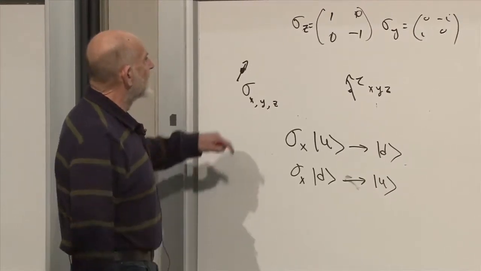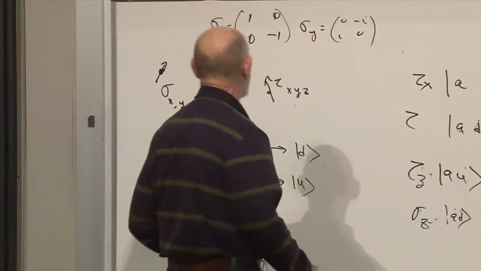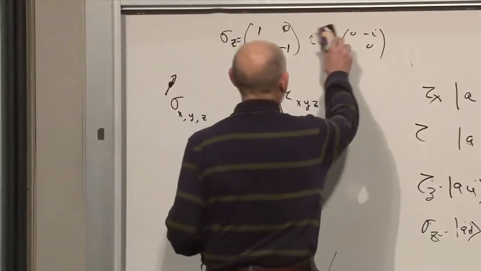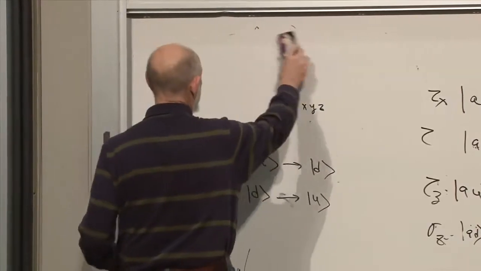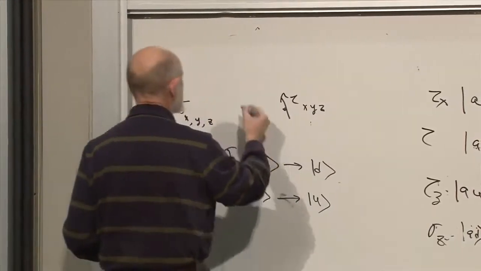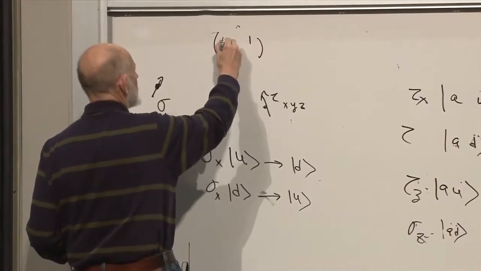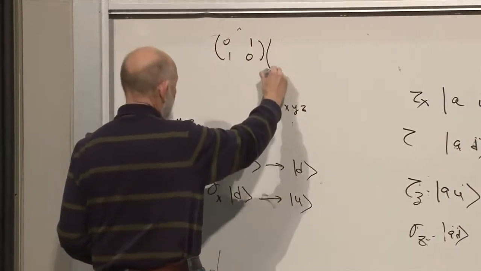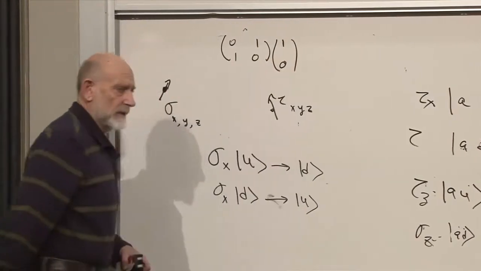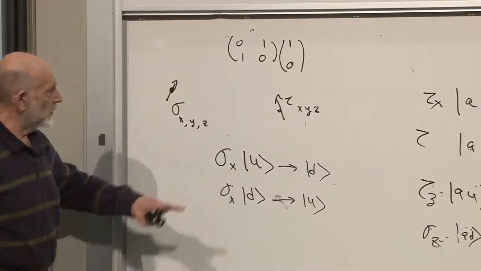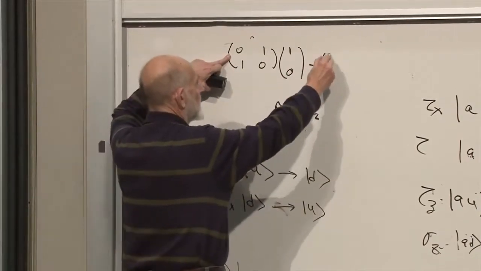No. Sigma x. Expand the up in terms of the eigenstates of sigma x, right? Well, let's just do it by matrices. Sigma x is (0, 1; 1, 0). Up is (1, 0). What happens? This times this is 0.